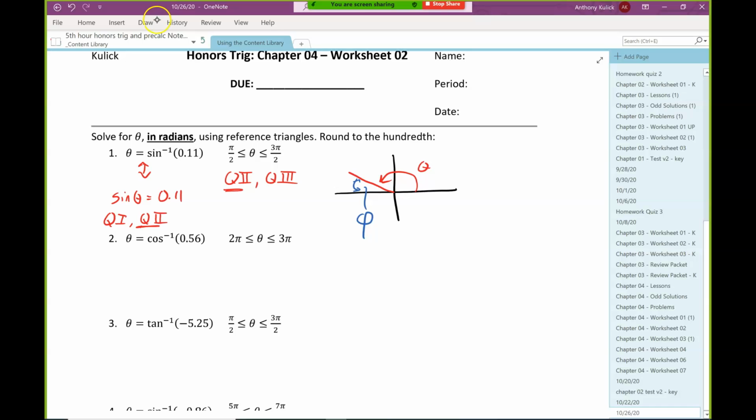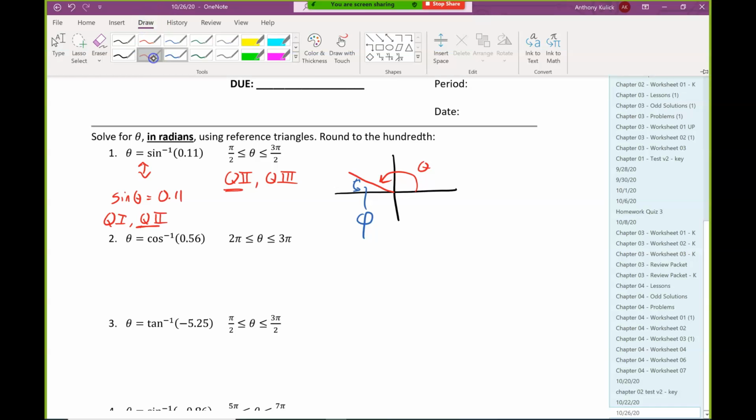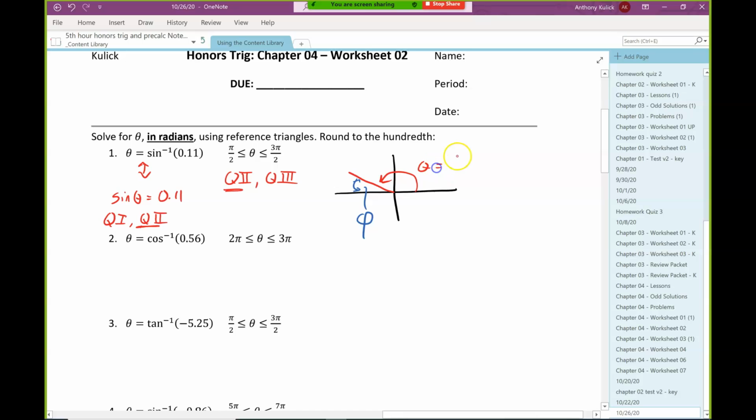So how is theta related to phi here? Well, I know to the horizontal is pi. So theta is pi minus that phi. Right? Is everybody okay with that reasoning? So to do this, all I need to do is figure out phi. Now notice phi is not an angle of rotation, right?